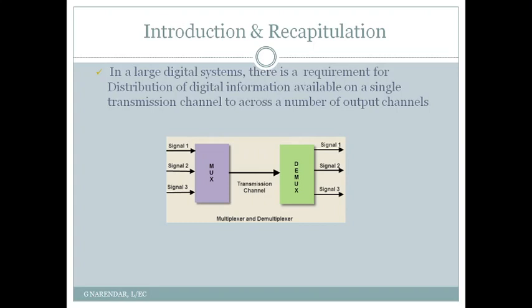So the multiplexer and the demultiplexer circuits make it possible to transmit the digital information from a number of sources over a single transmission channel, and make large digital systems economical. As we have learned about the multiplexer circuit in the previous lecture, now we'll be looking at the demultiplexer circuits.